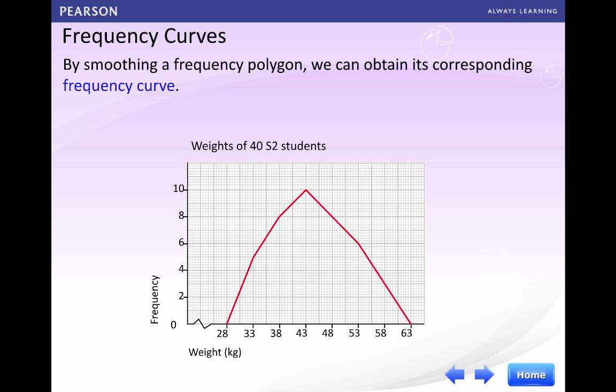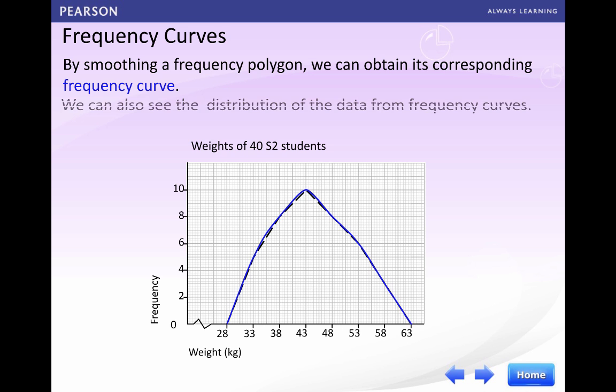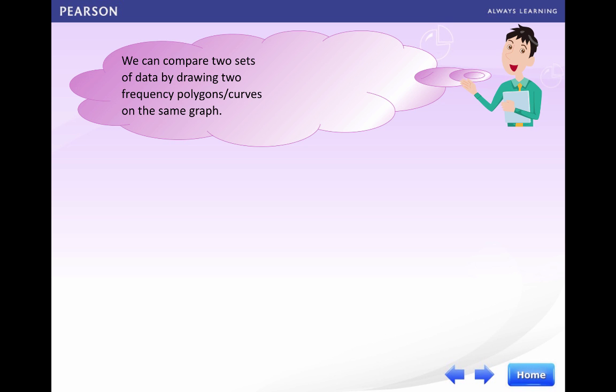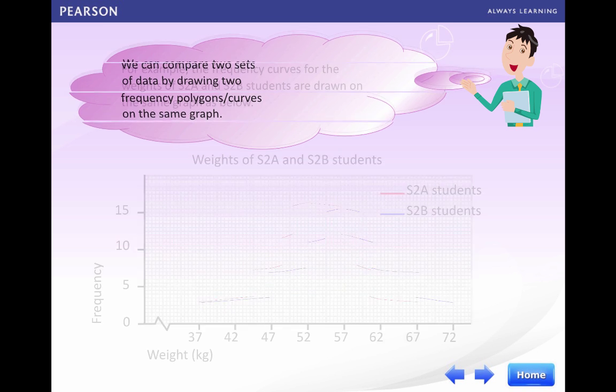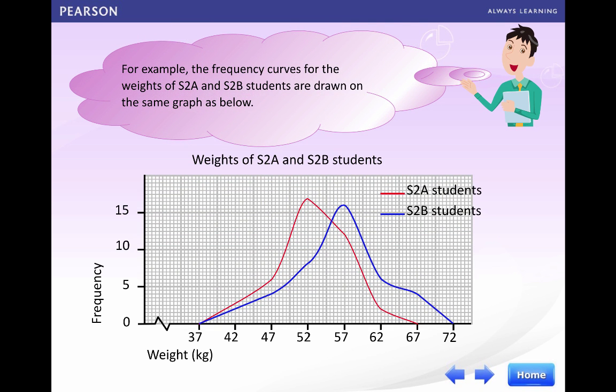And also sometimes we will smooth the frequency polygon so we get frequency curves. How do we do so? Look at this. We try to make this frequency polygon into curves so that it is smoother. Look at this example. You can see these are frequency curves, not a frequency polygon, because you can see curves in it.